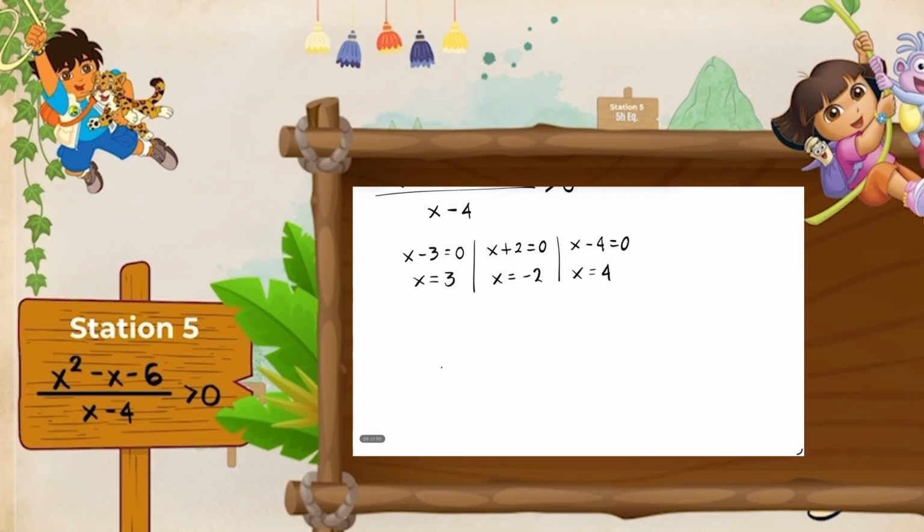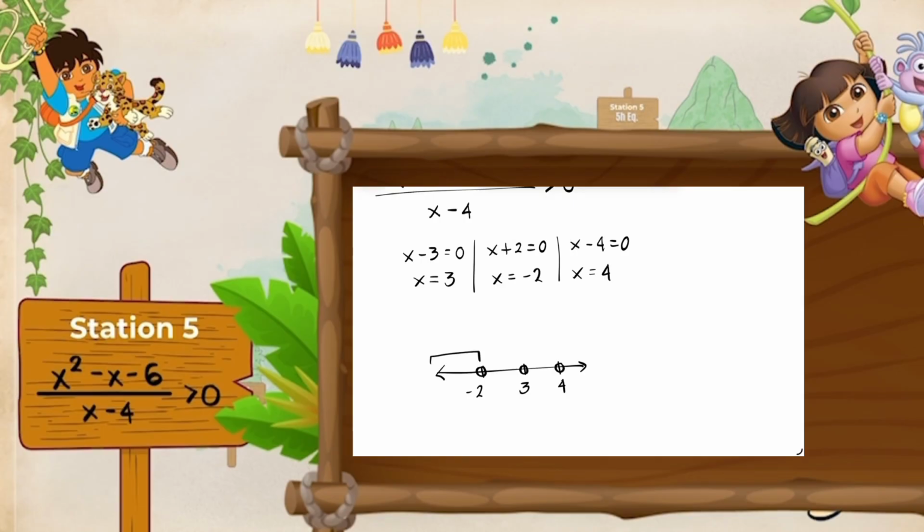Now let's plot it on the number line. We have three numbers and they're all excluded: negative 2, positive 3, and positive 4. We'll use circles to plot them.